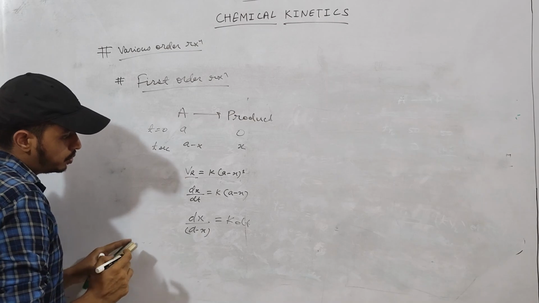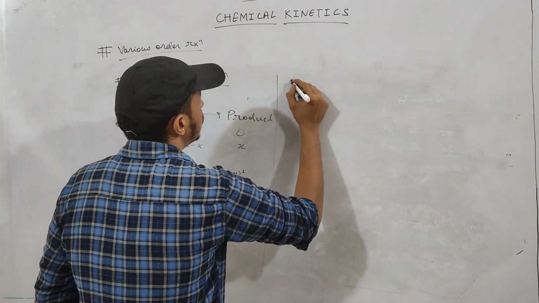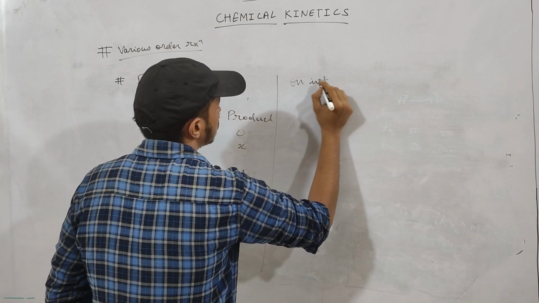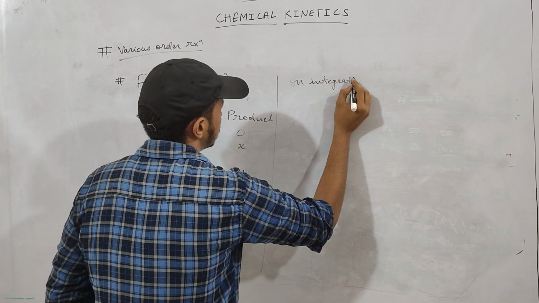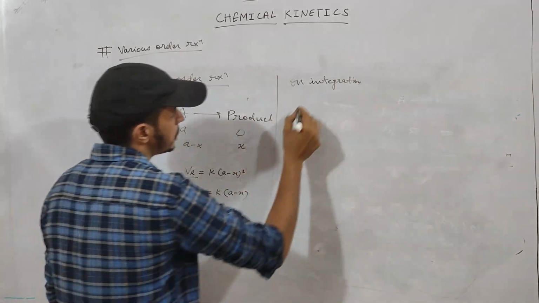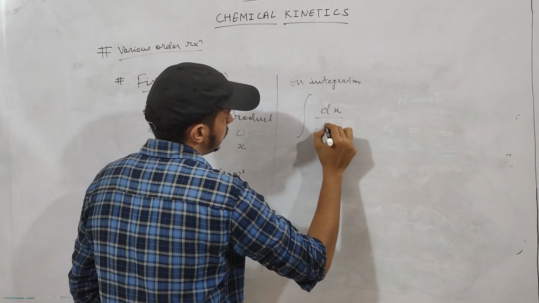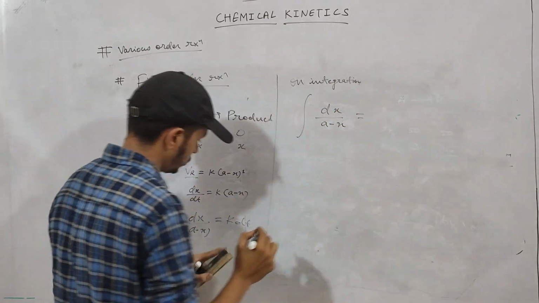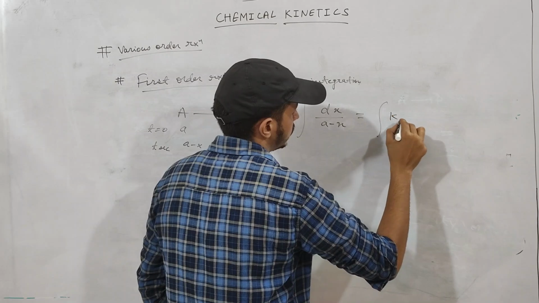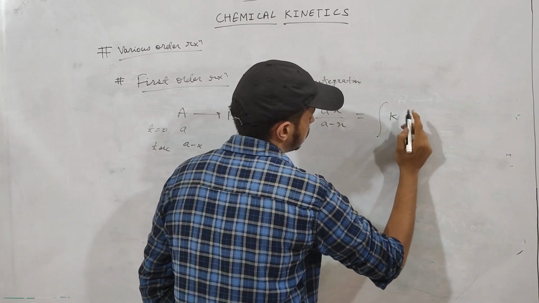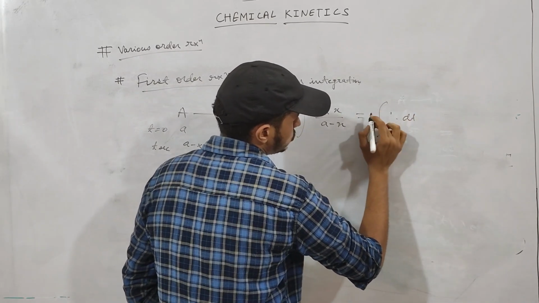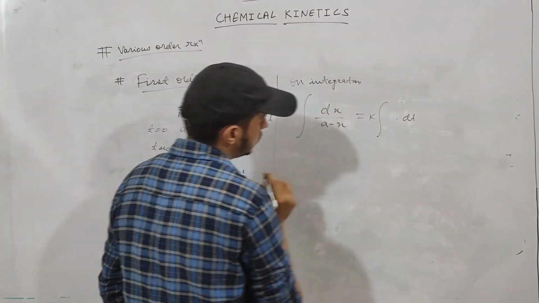Now what we have to do is integrate this term. On integration of dx upon A minus x is equals to k dt. k is constant, so we will take it out of the integration.